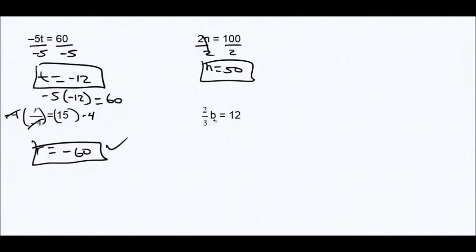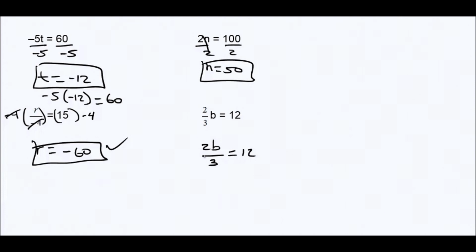Okay, now here, I'm going to do this two ways. First, I'm going to show you the longer way, and then I'm going to show you a trick. Okay, so 2/3 b is the same as 2b over 3. I just want you to know that right now, and then we say equals 12. Okay.